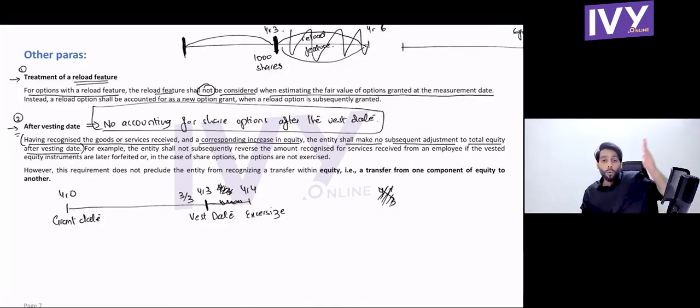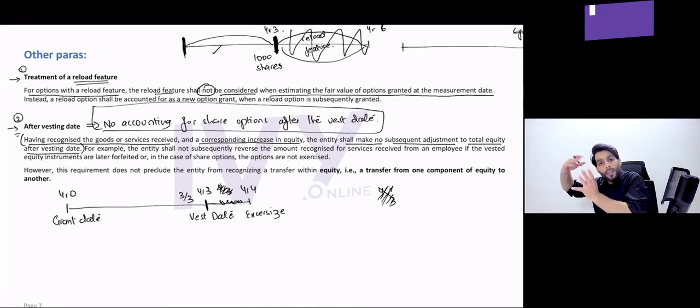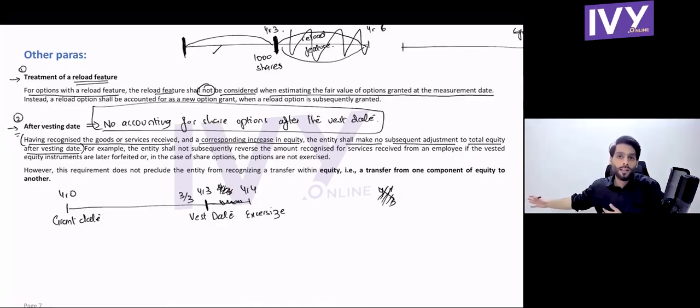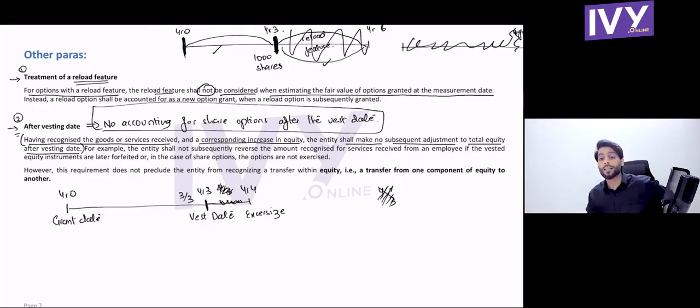That means the original share-based payment agreement of 3 years would be separately accounted for, and whenever the reload feature is eventually exercised after 3 years, it will be treated as another share-based payment. Reload features are not incorporated at year 0. We will not account for this transaction as a 6-year period share-based payment agreement.